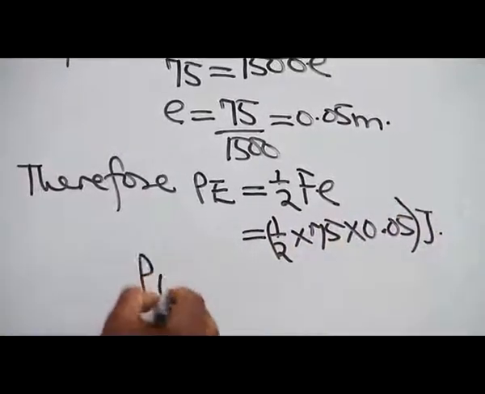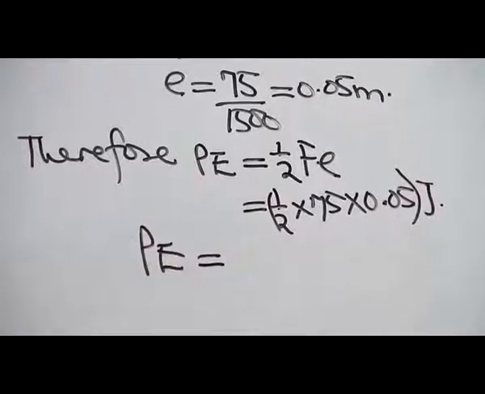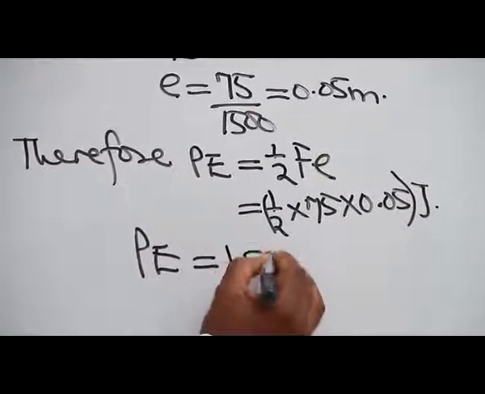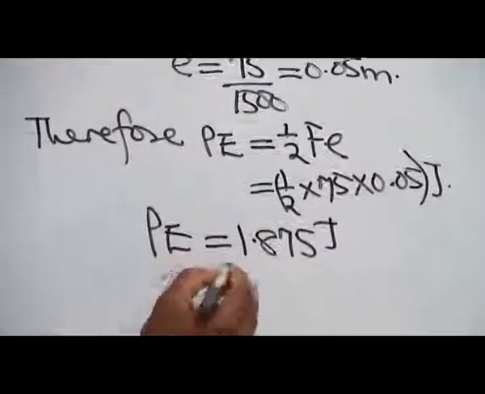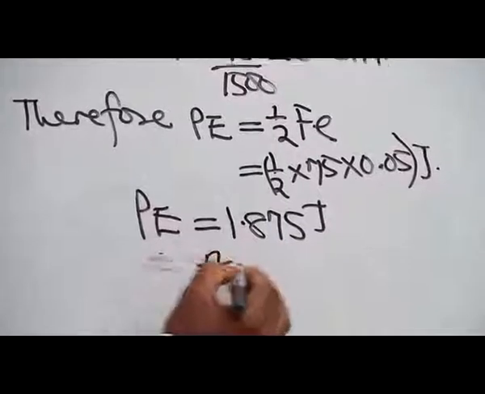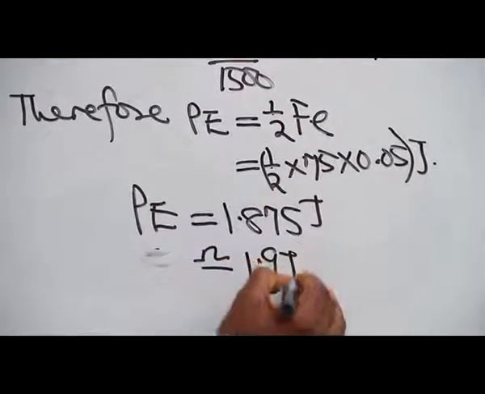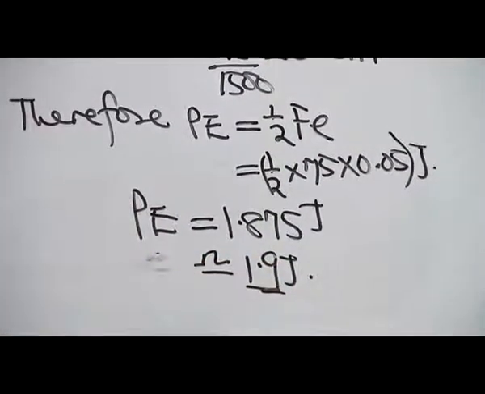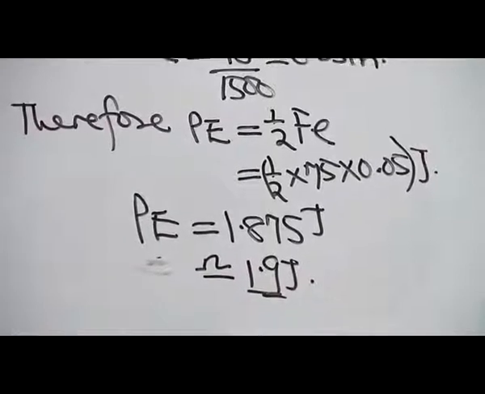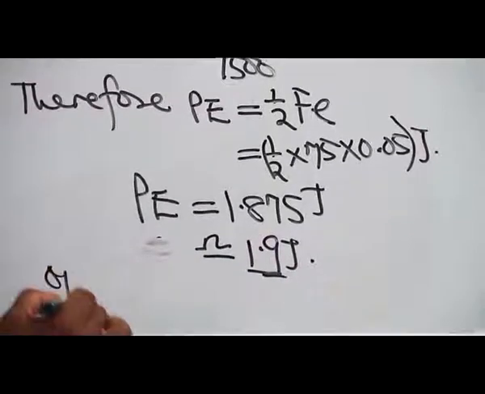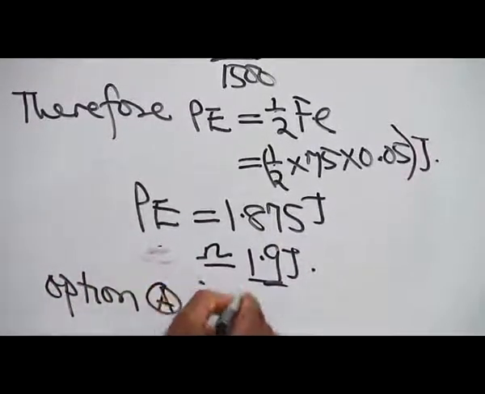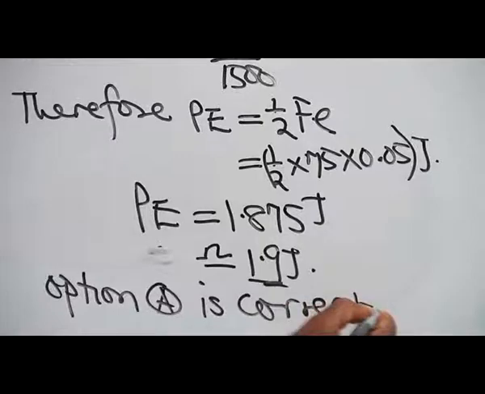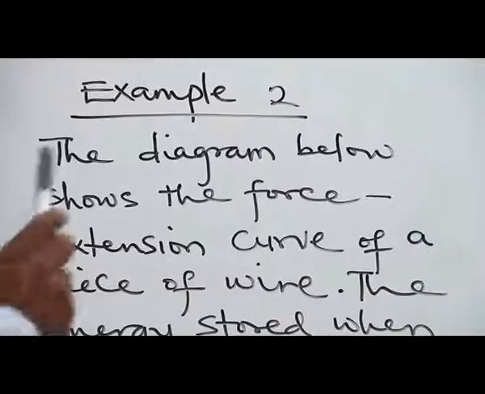The potential energy will now give us 1.875 joules, which is approximately equal to 1.9 joules. By this solution, option A is correct. Example 2.